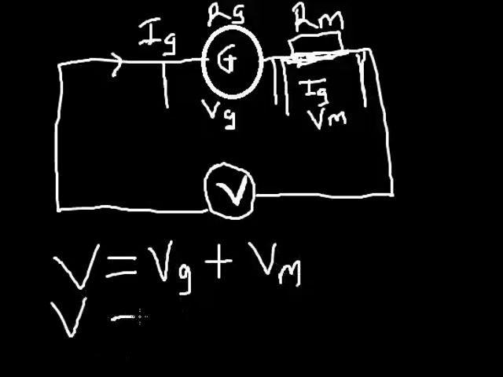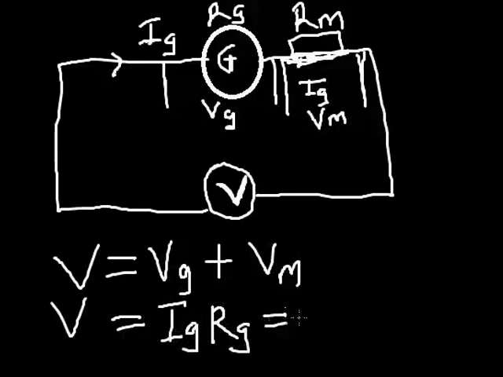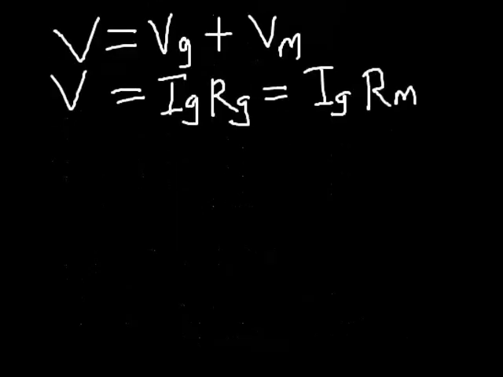Applying Ohm's law, Vg is going to be Ig, full scale deflection of the galvanometer, multiplied by Rg. Of course, Vm is taking the same current Ig, but multiplied by Rm. So remember, the whole idea of this is for me to get the multiplier resistor.